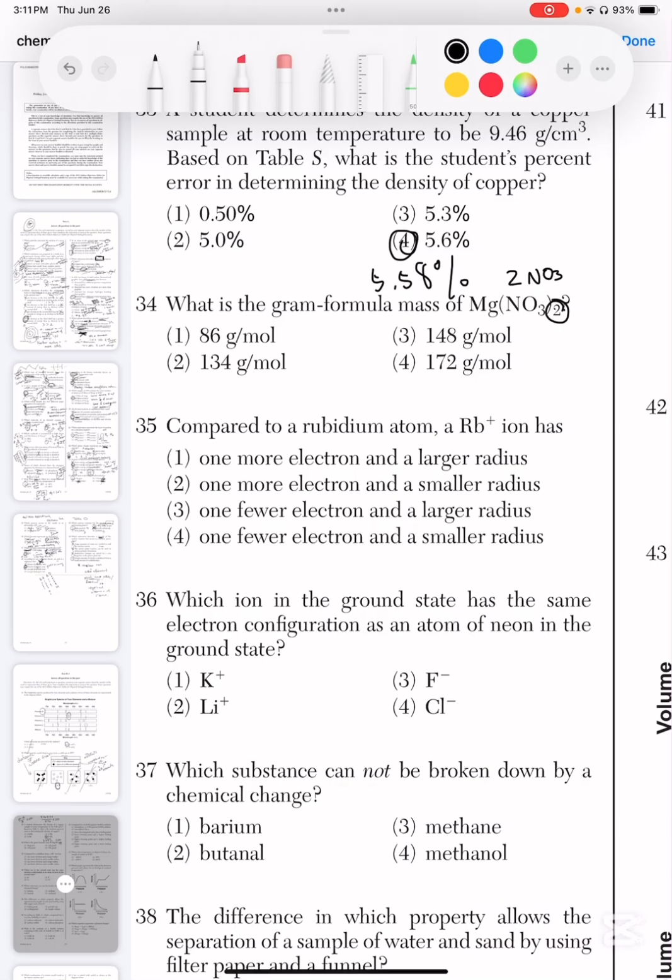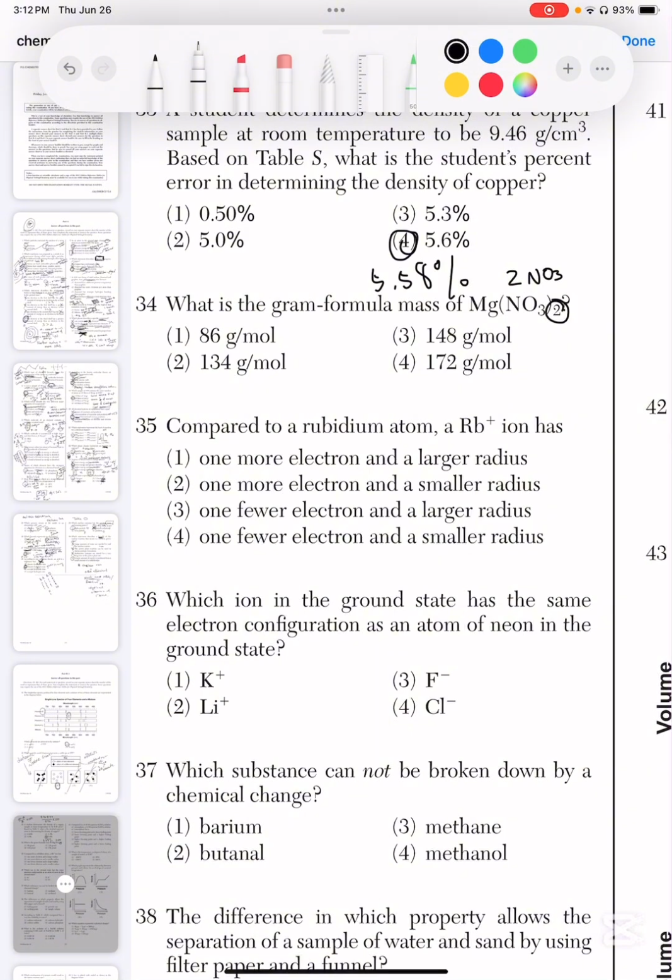Look on the periodic table for the masses. Mg is 24.3, plus 2 times 14 plus 16 times 3.